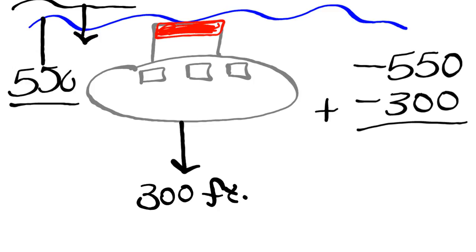And our signs are the same. So what's the rule? Same sign, add. So we have negative 850. But then what happens? It ascends. And ascend means we go up. So is that positive or negative? Positive. So we're going to go up 245 feet.